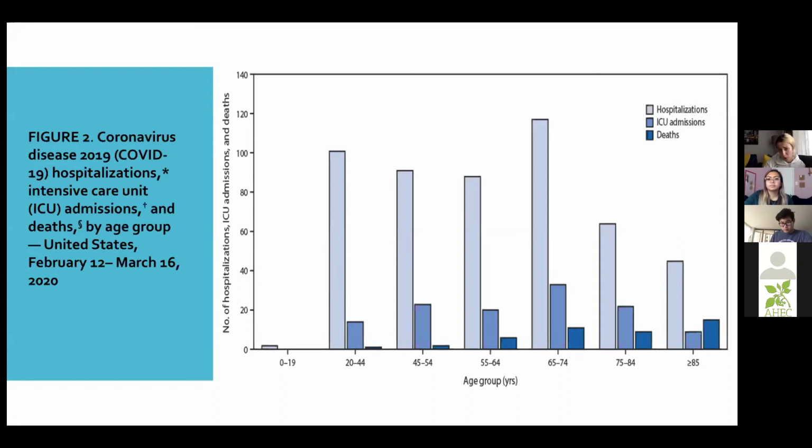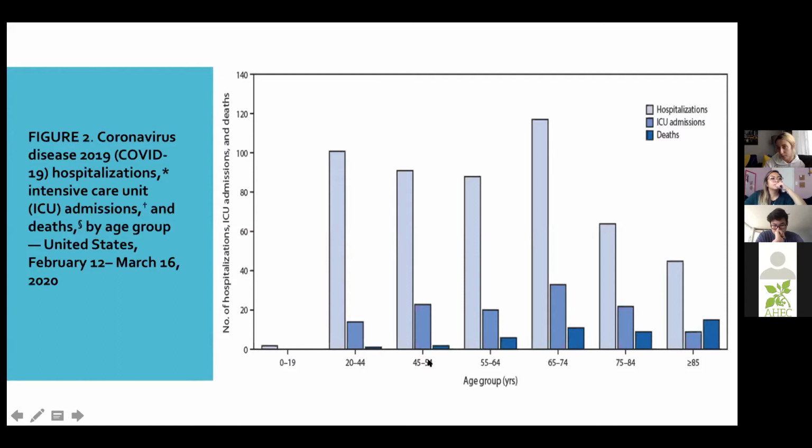What I want you to pay attention to is that dark blue represents deaths. You can see the age group of 85 and higher has the most deaths versus 0 to 19, with 0 deaths. 20 to 44, there are a couple deaths, and it goes on.